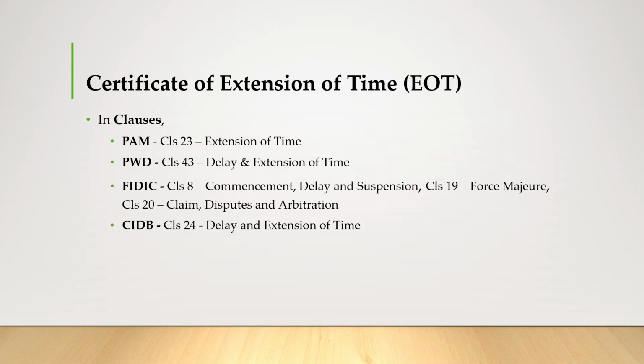And in FIDIC, the EOT is stated under clause 8, commencement, delay, and suspension, and also clause 19, force majeure, and clause 20 about claims, disputes, and arbitration. And in CIDB, the EOT is stated under clause 24, the delay and extension of time.